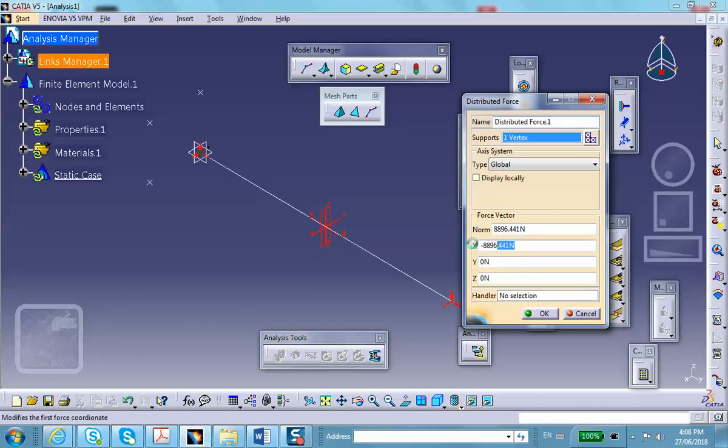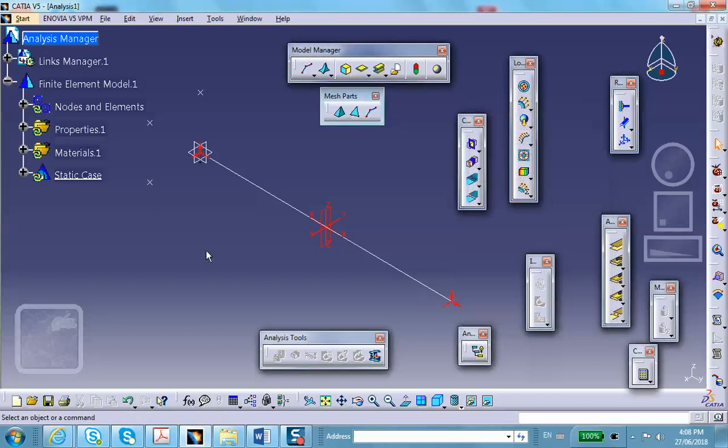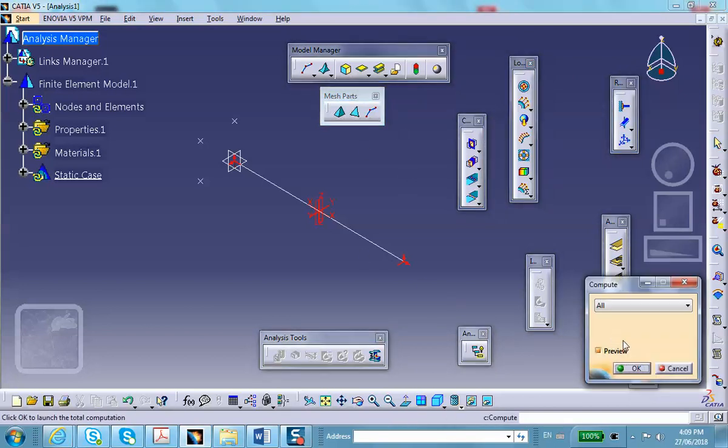So in the direction Z, negative 500 pounds, 500 lbf. And we say okay, and you can see that there is a force right there. Okay, and we can save it and then run it. I'm not going to save it because it's a straightforward problem, so I'm just going to run it.